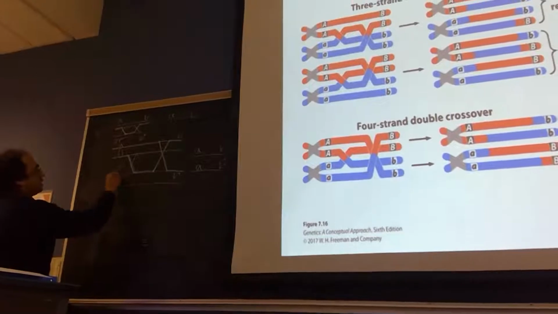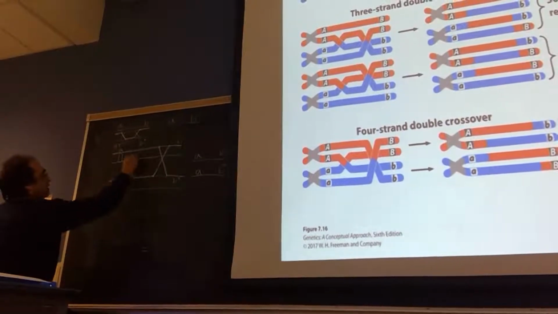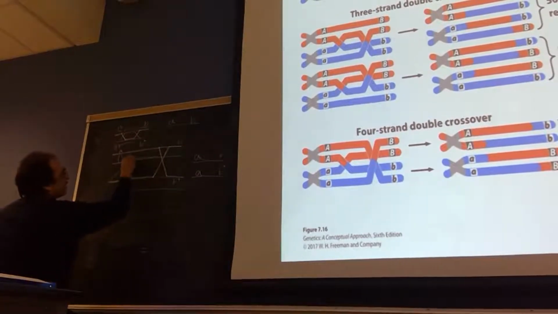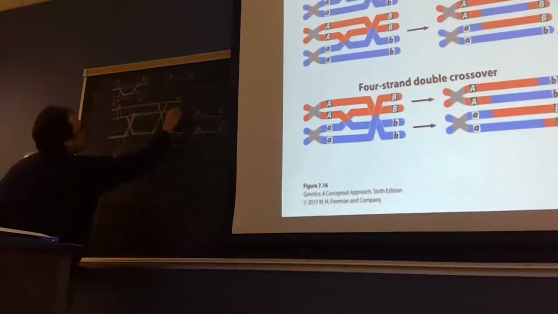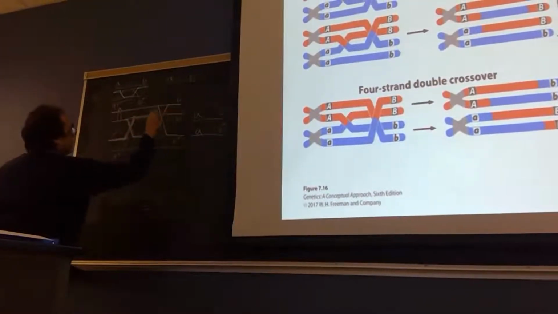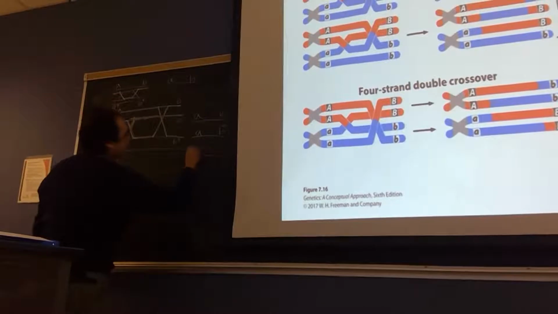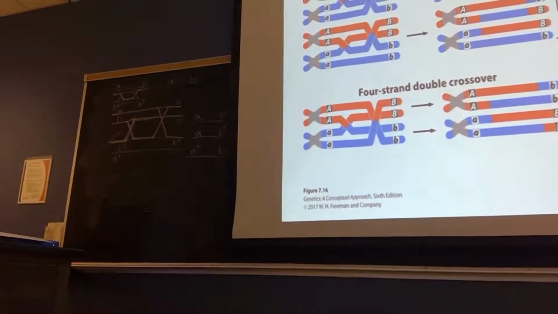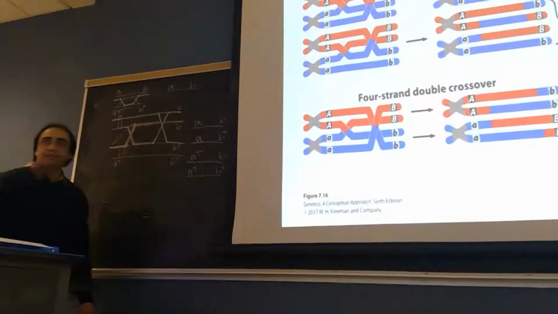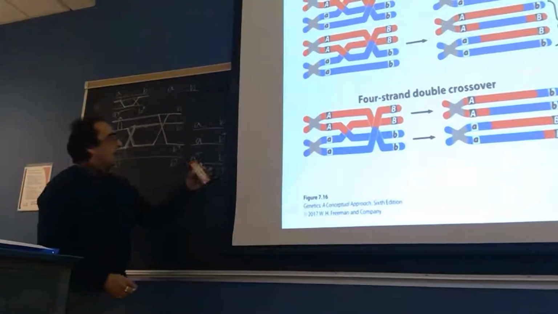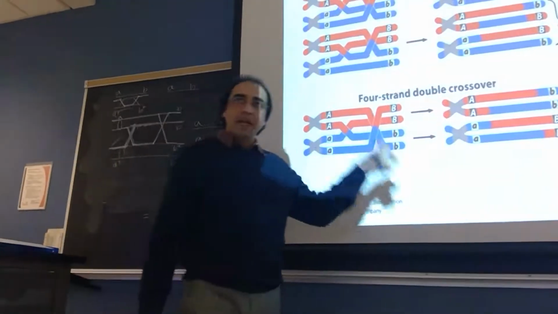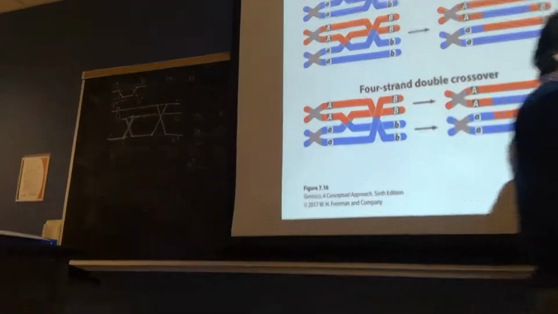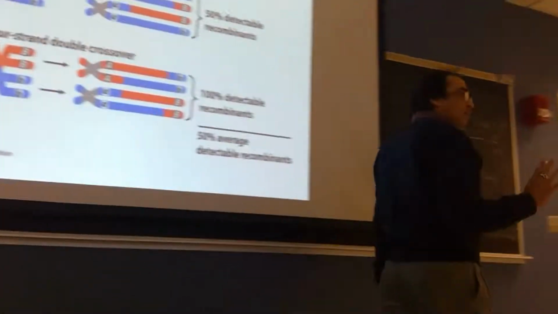For this one, and this is straight, this is also B. So this could be A plus and B. And okay, so we can have 50% recombinant type and 50% normal. That is the wild type.